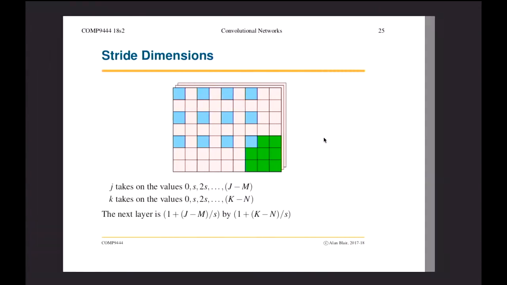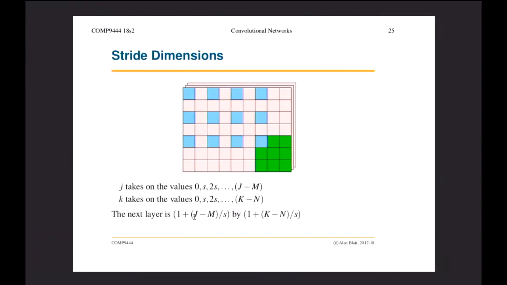So J minus M, J is the width of the original image, which in this case is 9. And M is the size of the filter, which is 3. So J minus M is 9 minus 3, so it's the size of this small rectangle here.